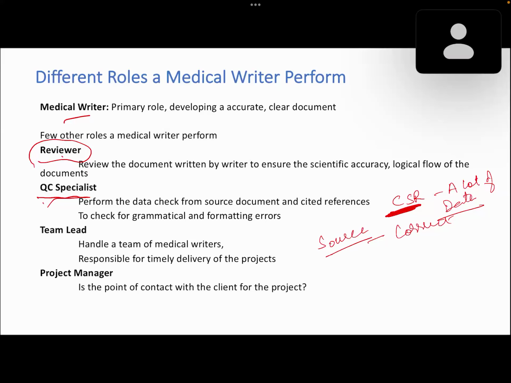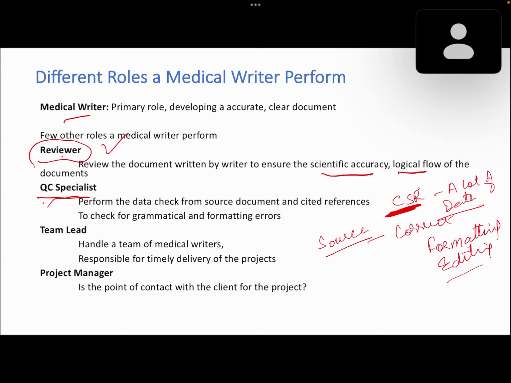That's the job of the QC reviewer. And he will also check the formatting, editing, everything. But the reviewer will check that the writer has presented the right story or not. They will check the scientific accuracy and logical flow of the document.